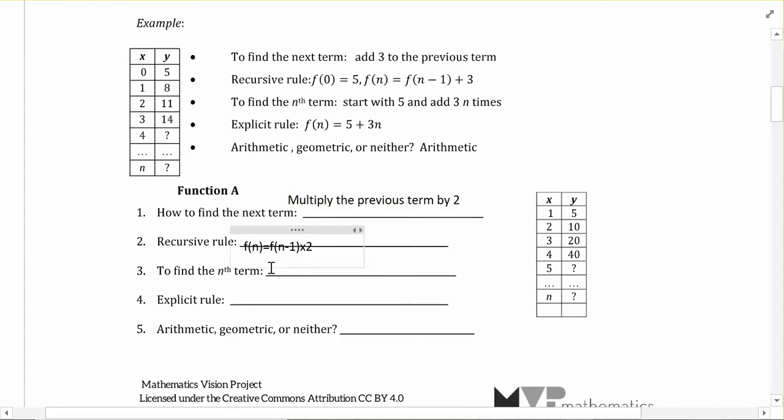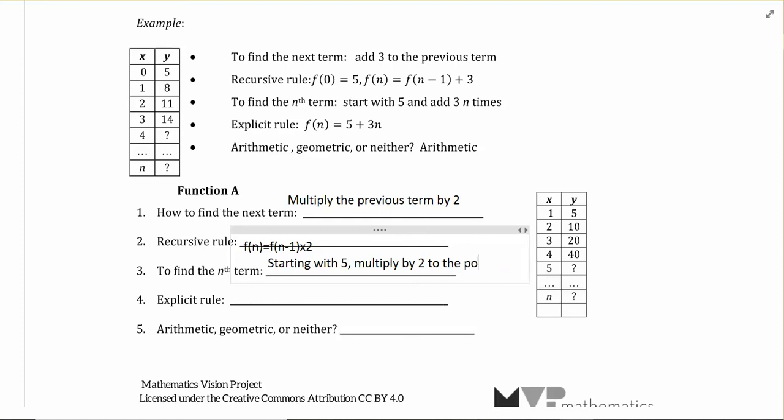To find the nth term, we would, starting with 5, multiply by 2 to the power of the next term.